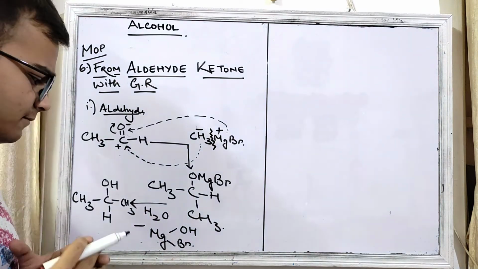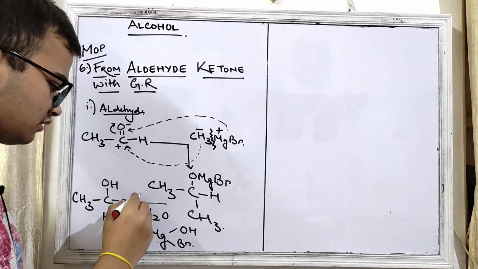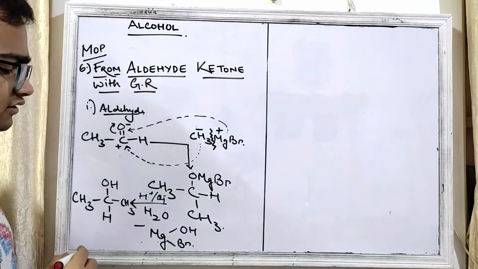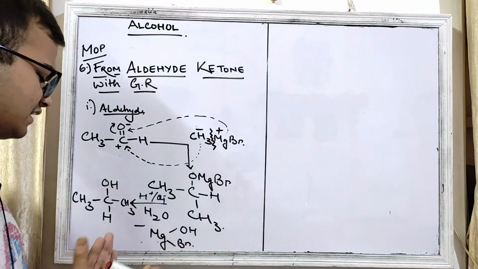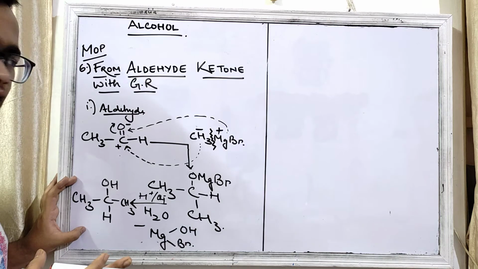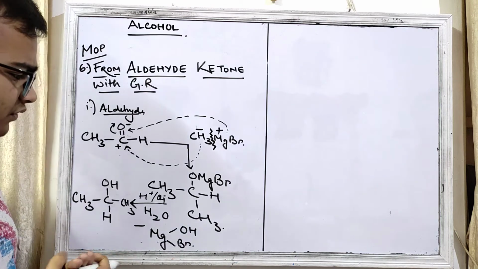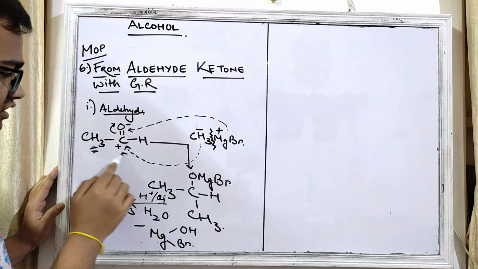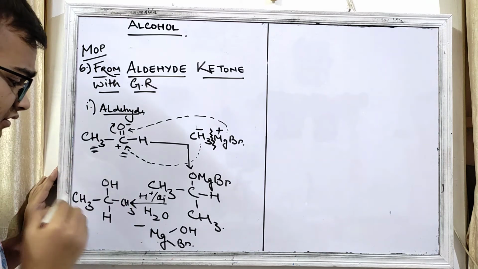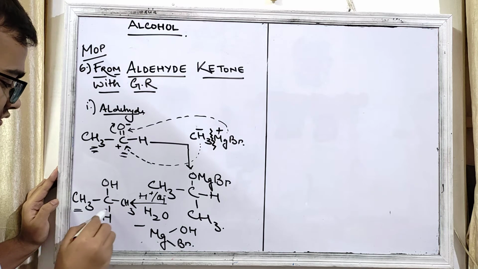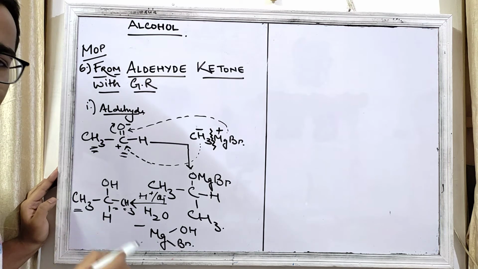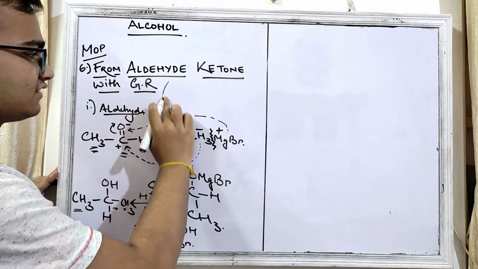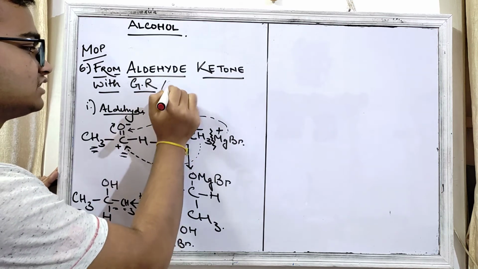Then after that we perform the hydrolysis with H2O, you can write H plus OH minus. As a result of this we are obtaining hydroxyl magnesium bromide and our required alcohol. Okay, now see, it was a 2 carbon compound, right? In the initial case it was a 2 carbon compound, but if you see the product, it is a 3 carbon product, right? So in all these cases ascent of the chain is occurring.